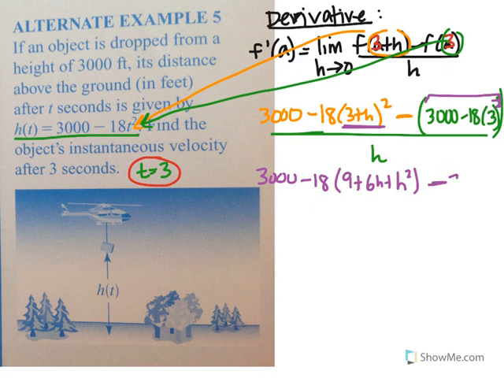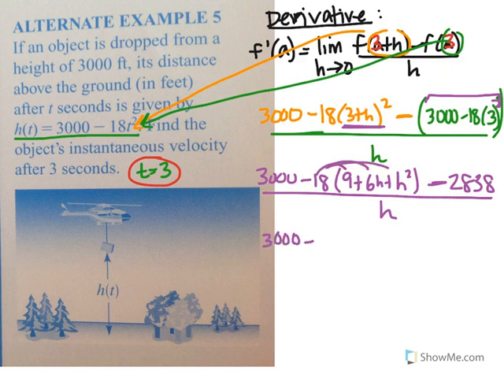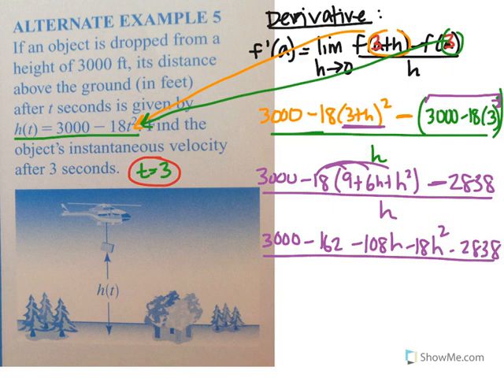So I'm going to have minus the 2838, all over h. Now I'm going to distribute this negative 18 through. So I'm going to get 3,000 minus 162 minus 108h minus 18h squared, and then minus the 2838, all over h.